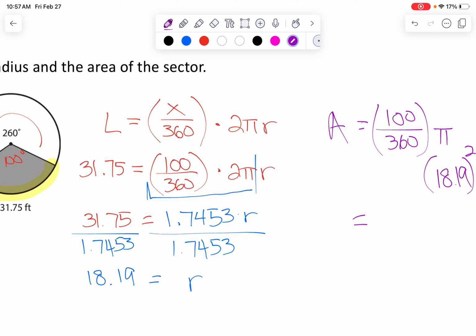I'm going to type all that into my calculator, and we get 288.74. And this is feet, but because this is a sector, this is going to be square feet. So there we go. We found the radius, and we found the area of that shaded sector.